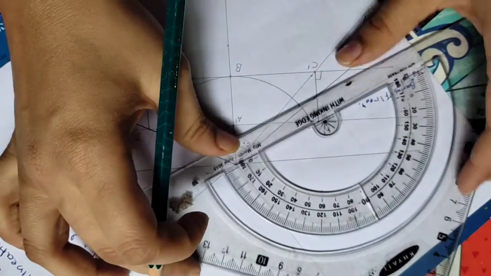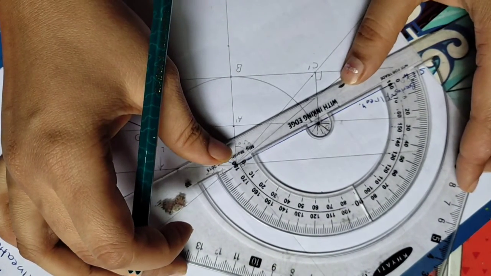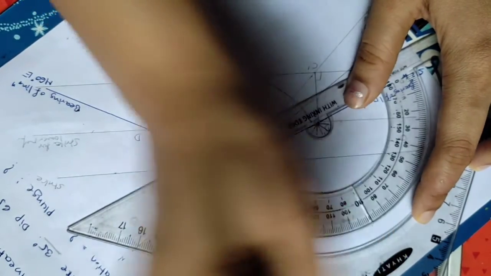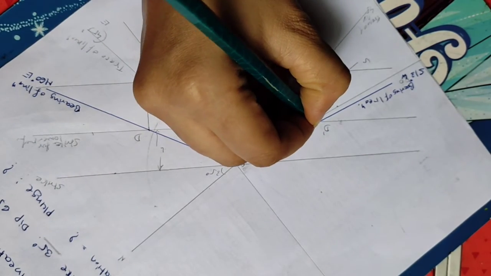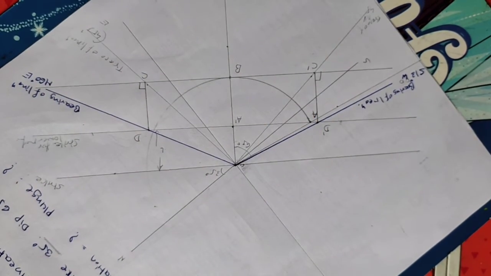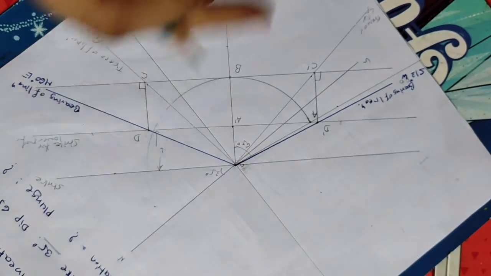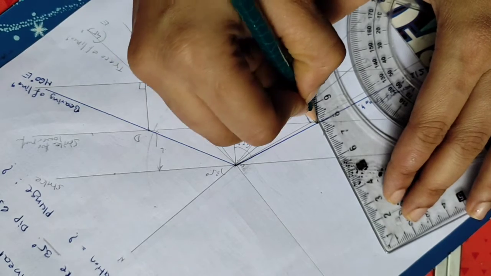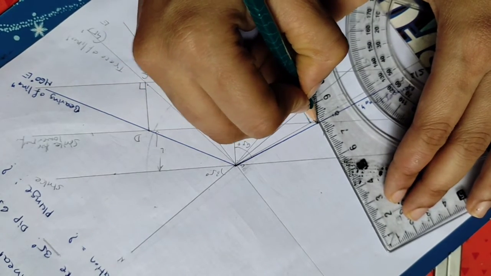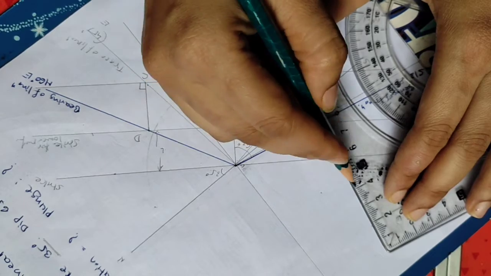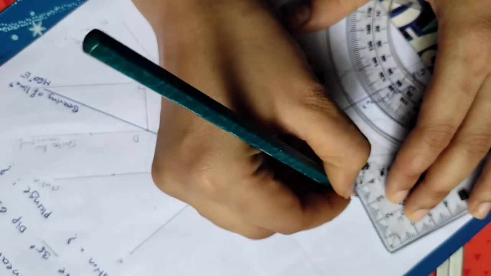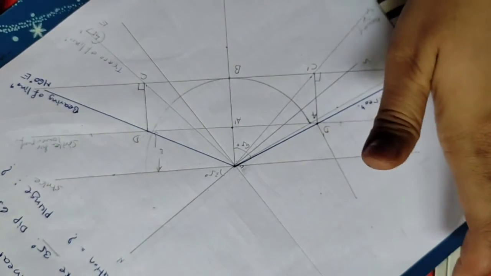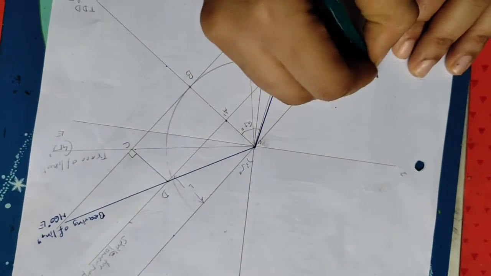Make a perpendicular to the bearing from this intersecting point, and mark the distance A dash, which was 4.4. We'll name this point F.